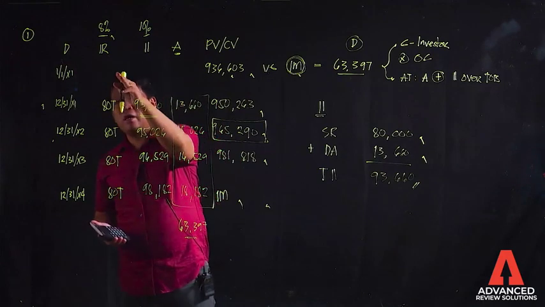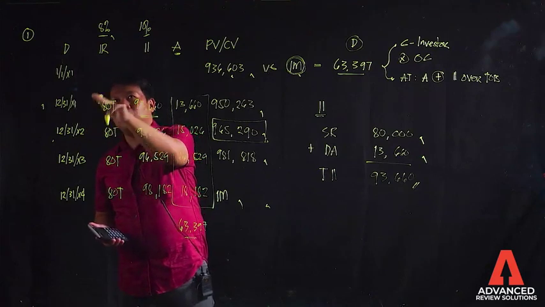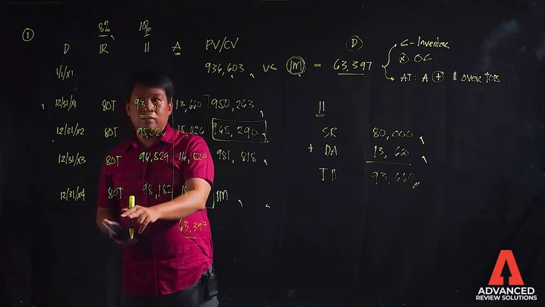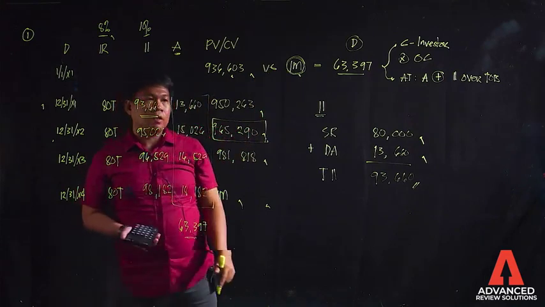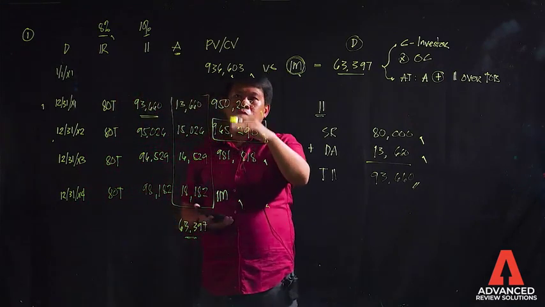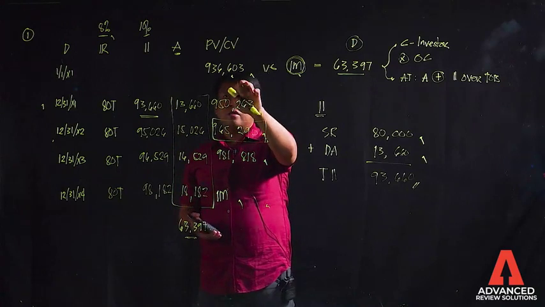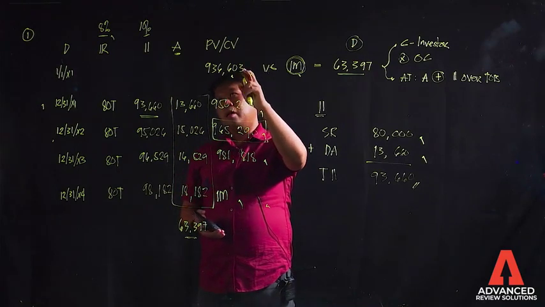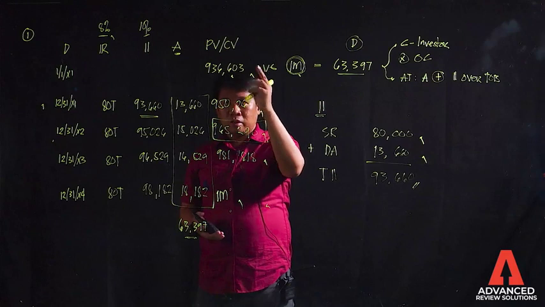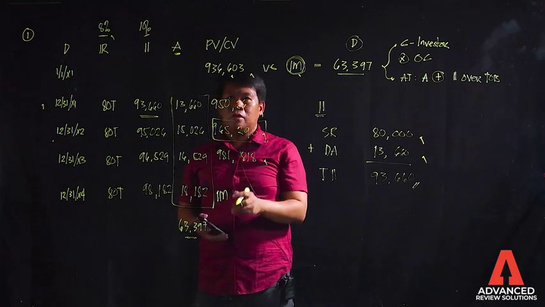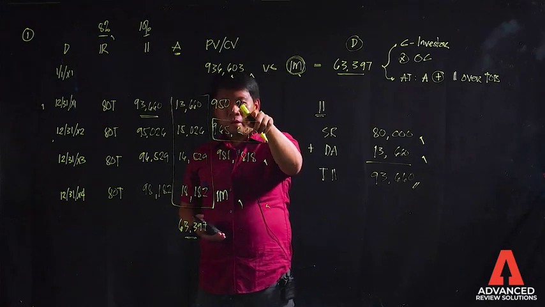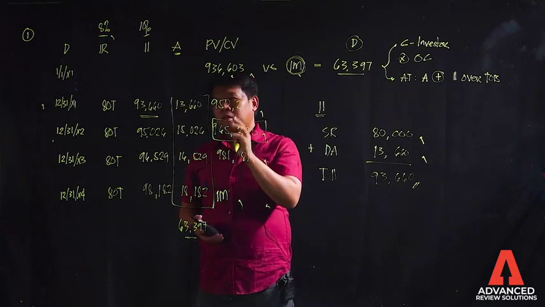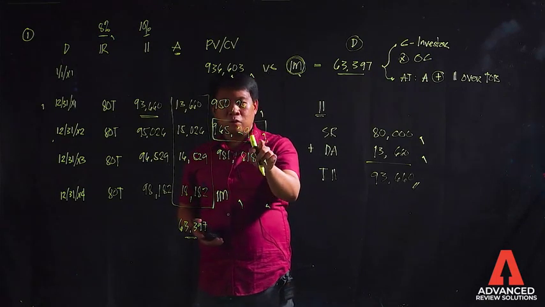Alam mo naman that the annual amount of interest is 80,000. That is 8% of the face amount of 1 million, that is 80,000. Kaya kung patatakbuhin mo sa calcu mo to, ganun lang: 936,603 memory plus times 10% effective rate minus 80,000 equals memory plus, recall, kuha mo to.